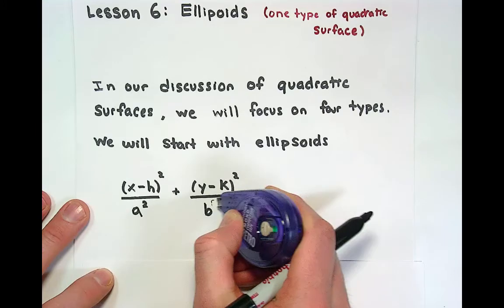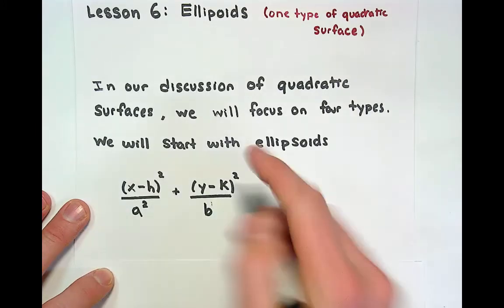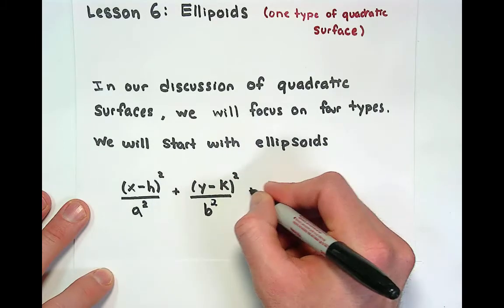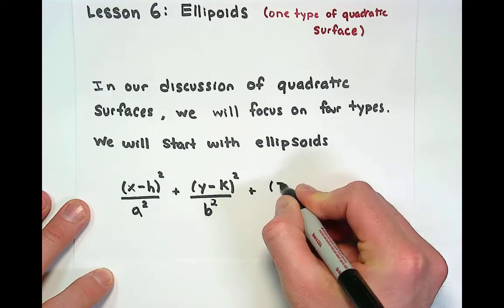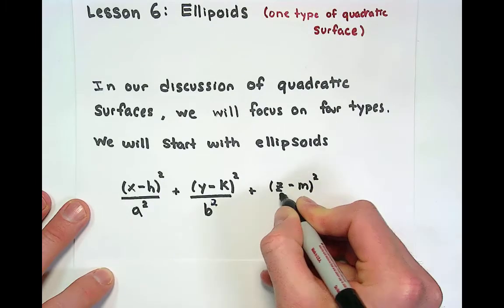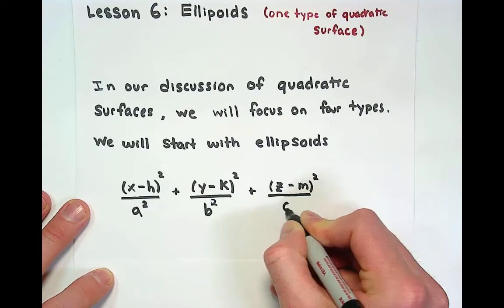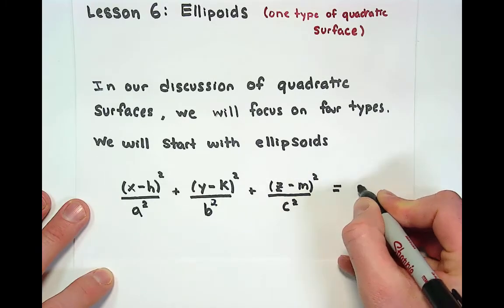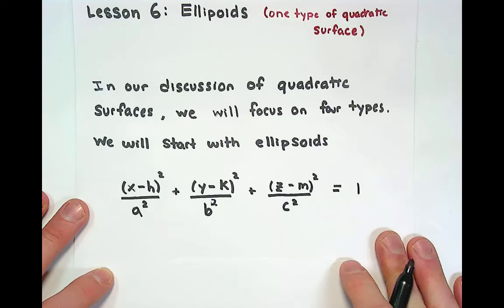Sorry, I'm using a new pen, and I should really look like a 2. There it is. And then the third component would look like z minus m squared divided by c squared. And then we set this equal to 1 in the general case.